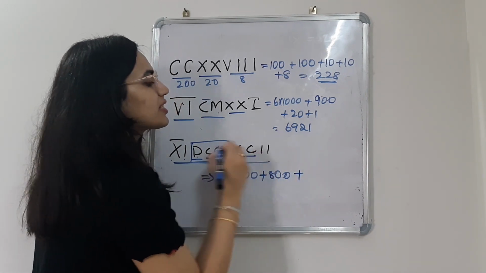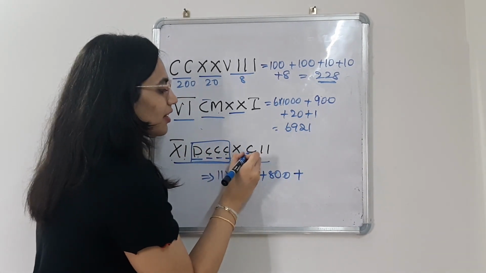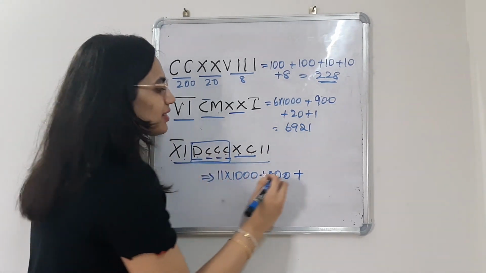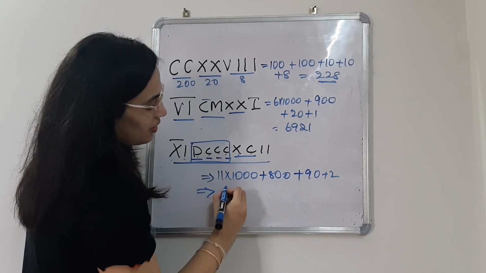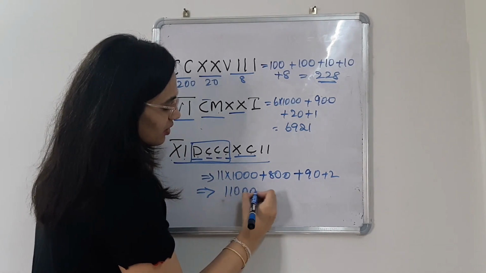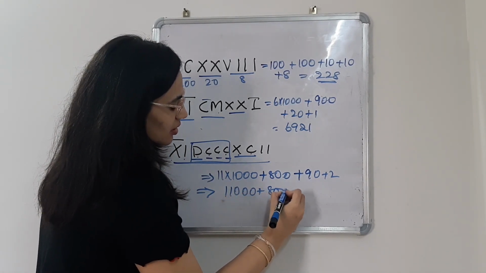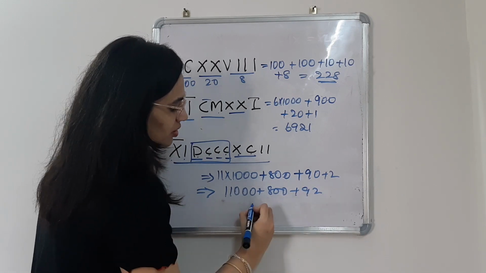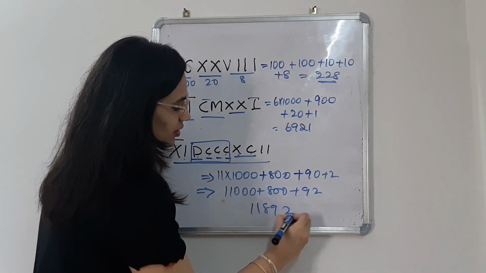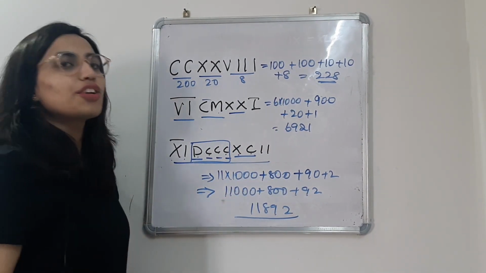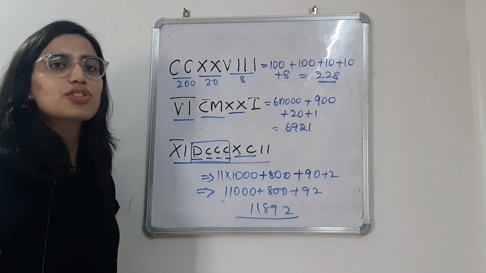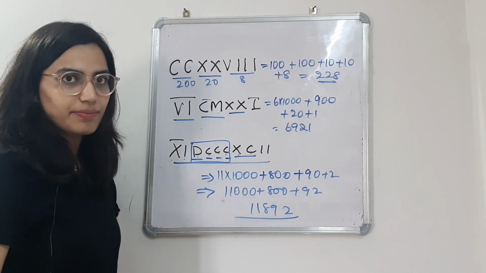Plus, what is this? 100 minus 10. That is 90 plus 2. 11,000 plus 800 plus 92. That is 11,892. This is how you convert from Roman numerals to Hindu Arabic system.